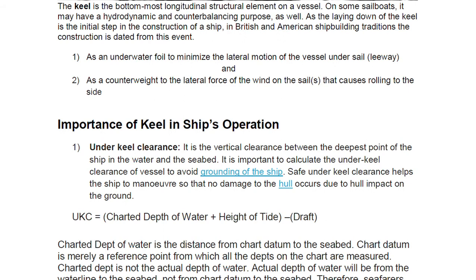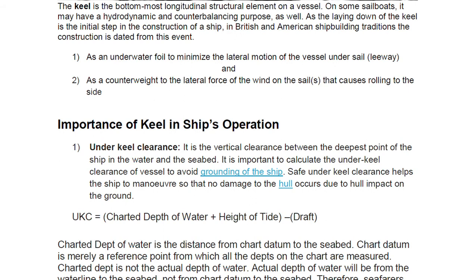When we talk about the significance, it acts as an underwater foil to minimize the lateral motion of the vessel under sail. It also acts as a counterweight to the lateral force of the wind on the sail that causes rolling to the sides. This is the reason why in earlier times we used to have sails on the top.